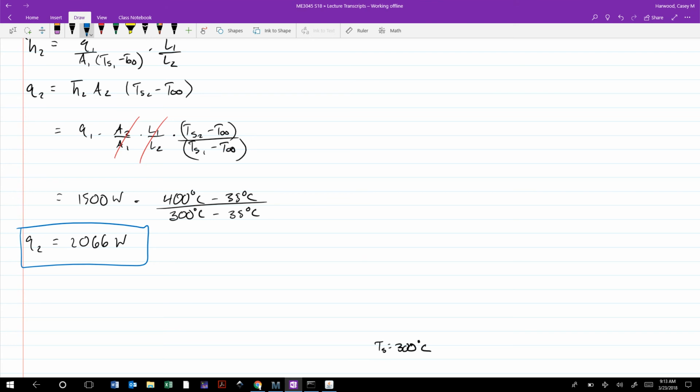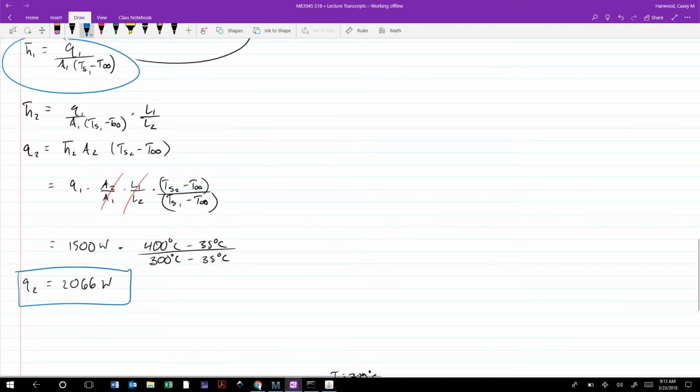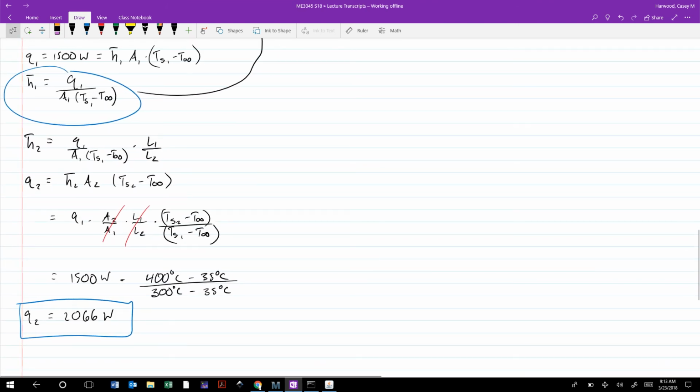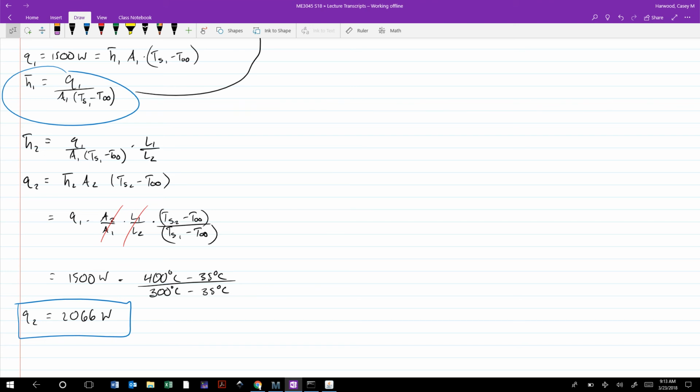So despite the fact that it looked like a lot of stuff we just did, we need to understand how simple that process really was. We said we have flow around one object. If we identify that the Reynolds number and the Prandtl number for that object are equivalent to another object, what we've done is create what's known as a scaled model.